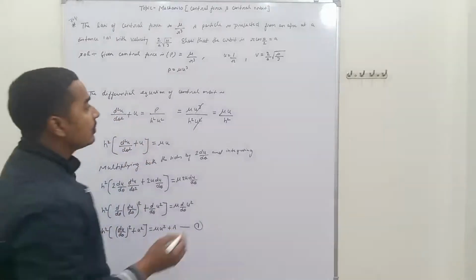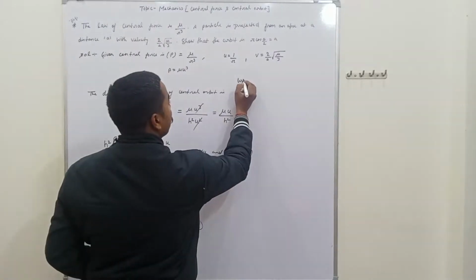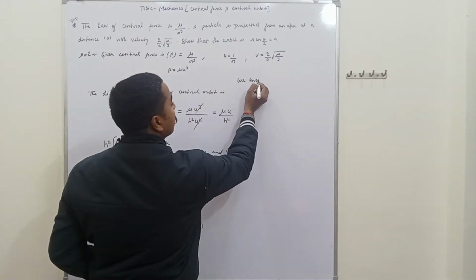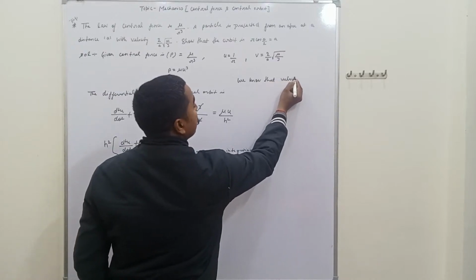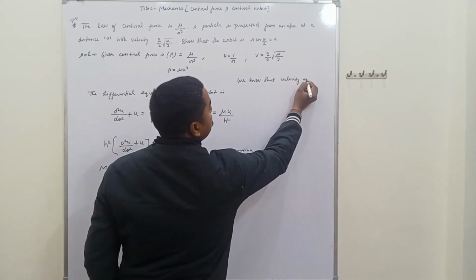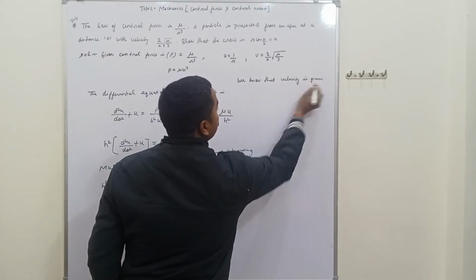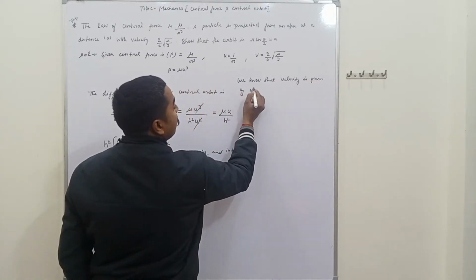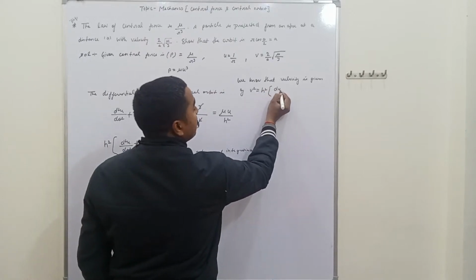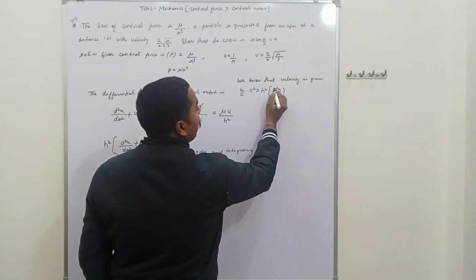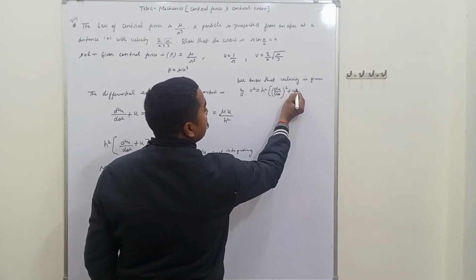And we know that velocity is given by v square is equal to h square bracket du upon d theta whole square plus u square.